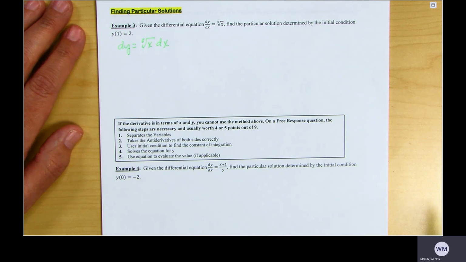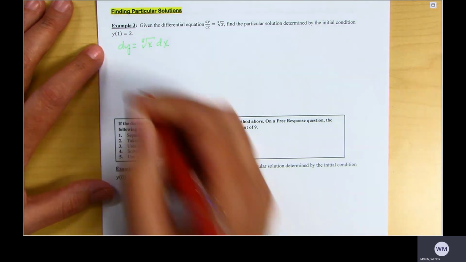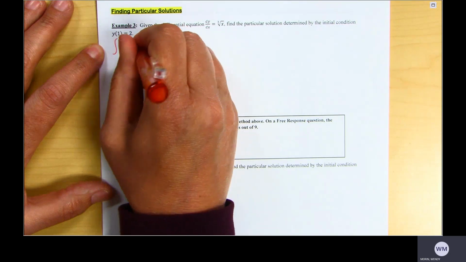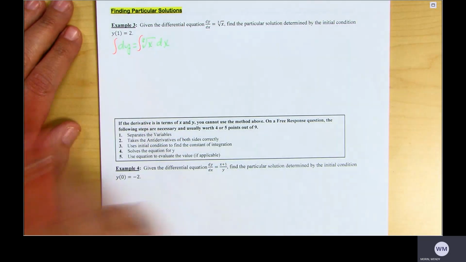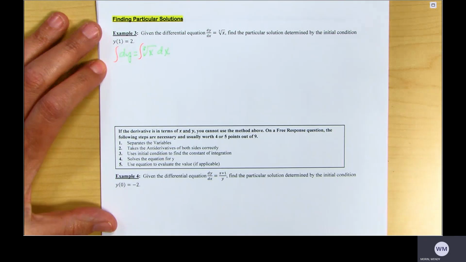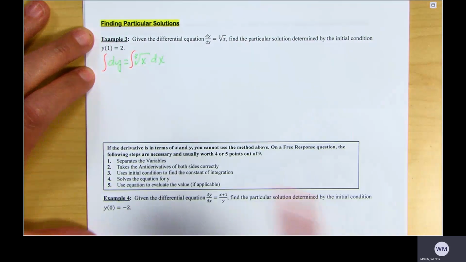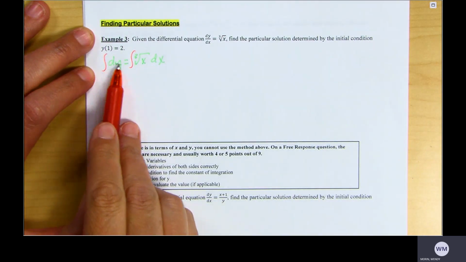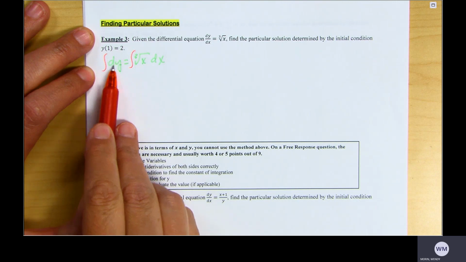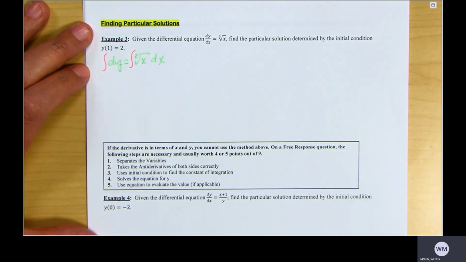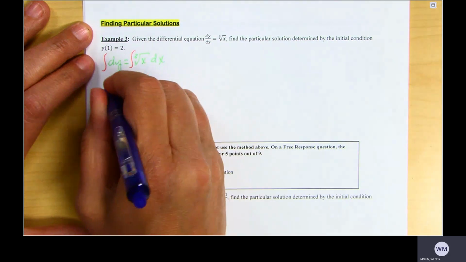Now what gets some people is the integration of the left side. They're like, well, how do I integrate dy? Well, you're integrating 1 dy. You're integrating 1 with respect to y. So what would that be? That would just be y.